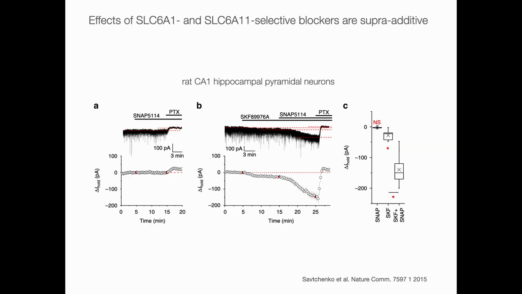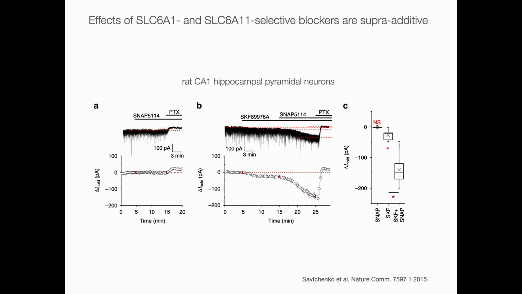This is an experiment done by a colleague at UCL in wild type normal rat brain, looking at the interaction of these two selective blockers of GAT1 and GAT3. When they add the two blockers together, there's a bigger effect than the block of either one alone. We're in the midst of doing some modeling studies and looking more carefully at how this can happen, and hopefully we'll have some answers and hypotheses to test soon.